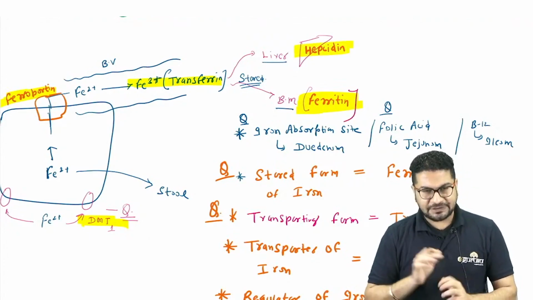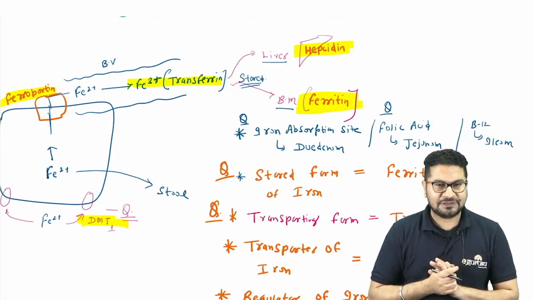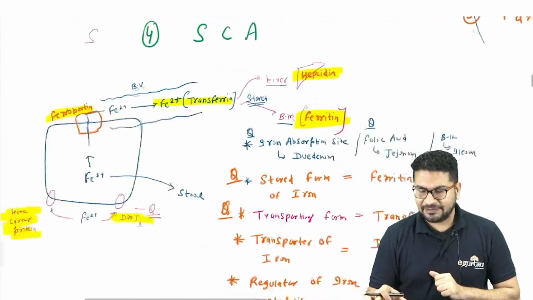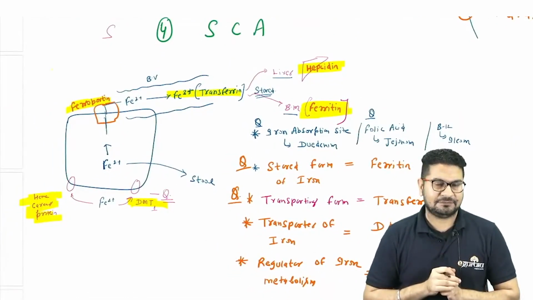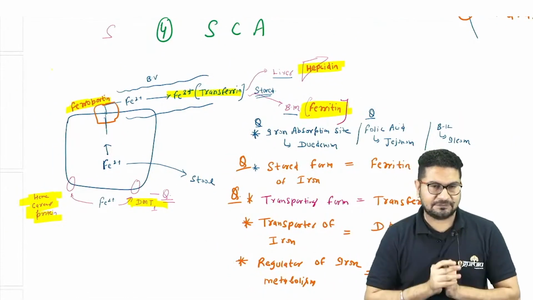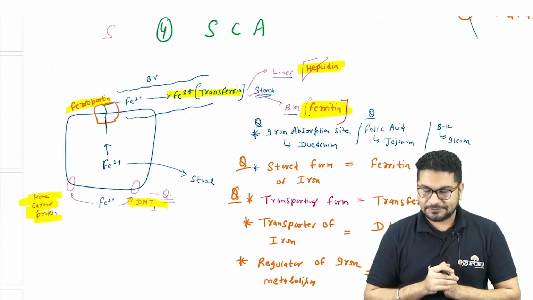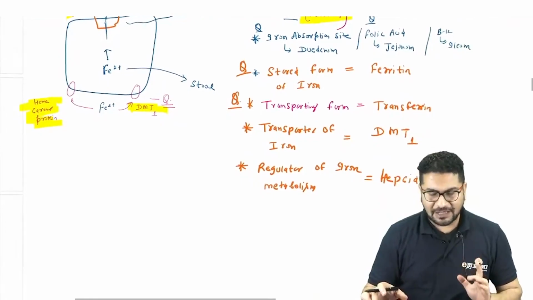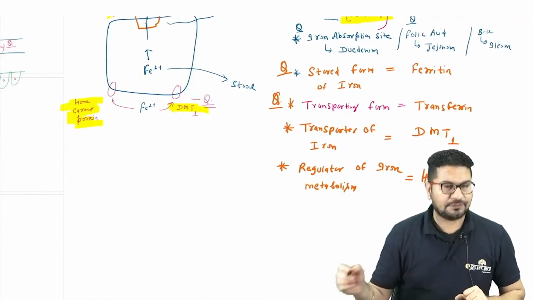If you notice carefully, this iron is always with someone. It is like a dependent person who is dependent on someone. Iron is always dependent on someone. We never leave iron alone. Why?